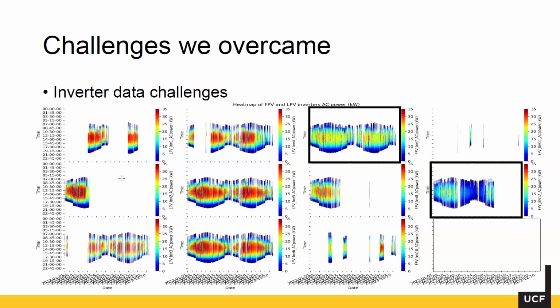Some of the systems have flawless data, so the inverter seems to be working without any interruptions, but some show huge gaps. We are interested in inverters 7, 9, and 12 because we have thermocouples, or sensors, sitting on the PV modules connected to these inverters.